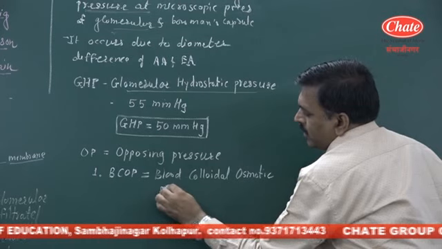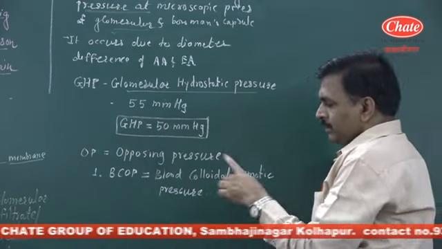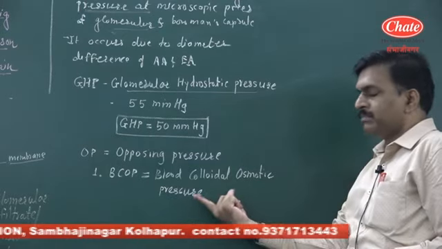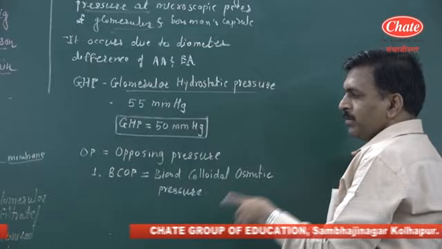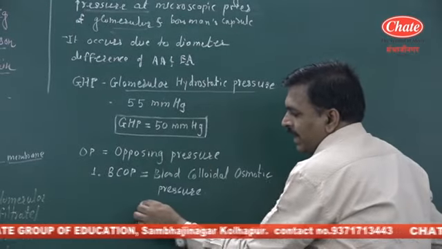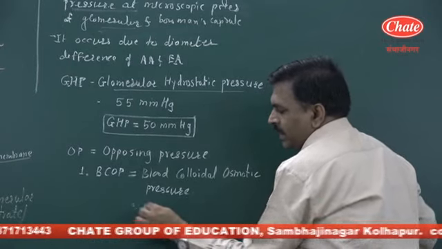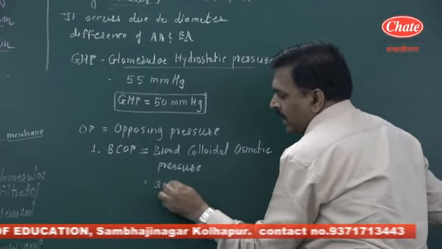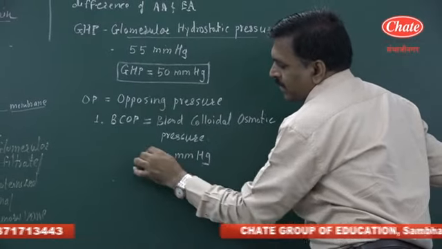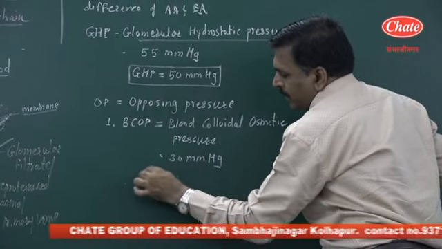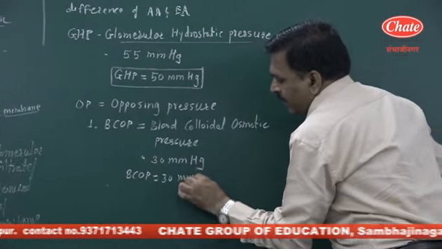You know that osmotic pressure in blood is maintained by the serum albumin. So albumin creates the opposition here, and as a result blood colloidal osmotic pressure is about 30 mmHg. So BCOP becomes 30 mmHg.